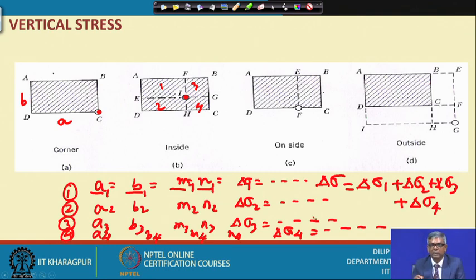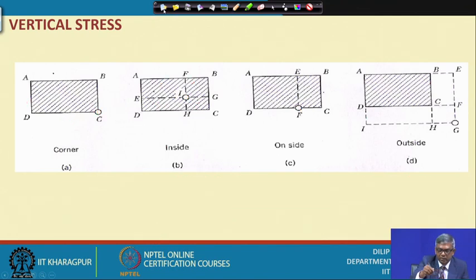So, this is the way. In various ways I can apply various combinations and use the corner formula to find out the stress at different points. Now, suppose I want to find out the stress at another point. I will clean this one and once again see, suppose this is another footing and I want to find the pressure at this point.